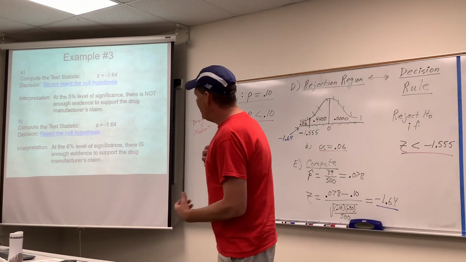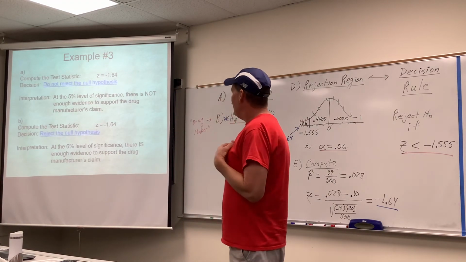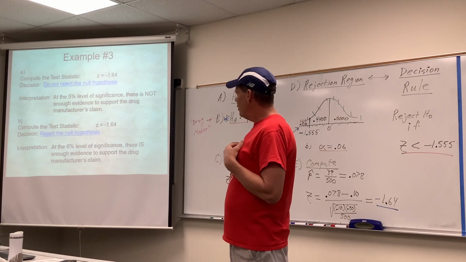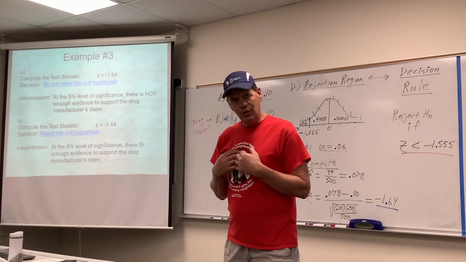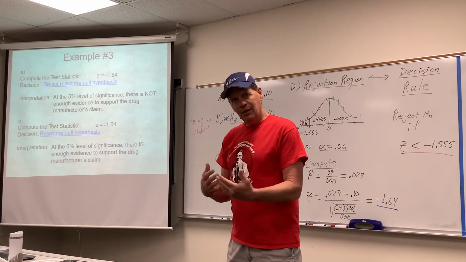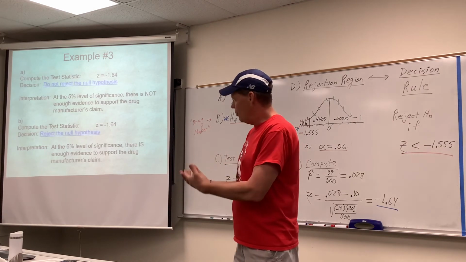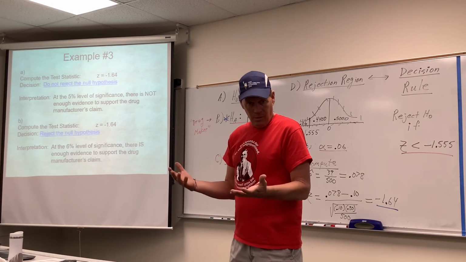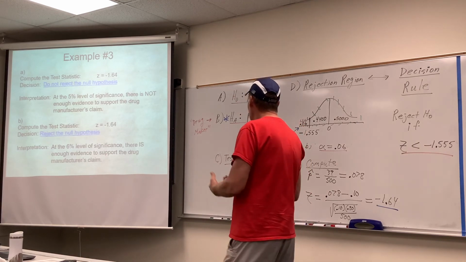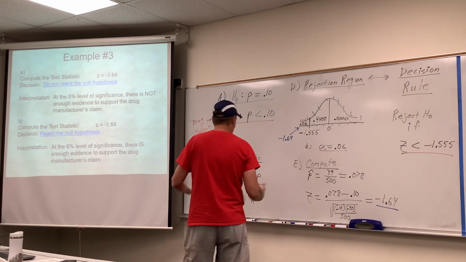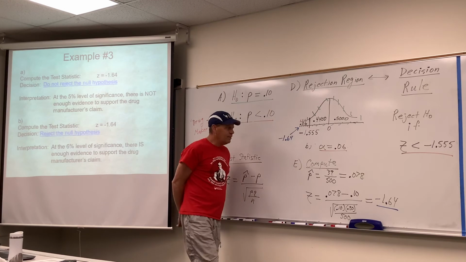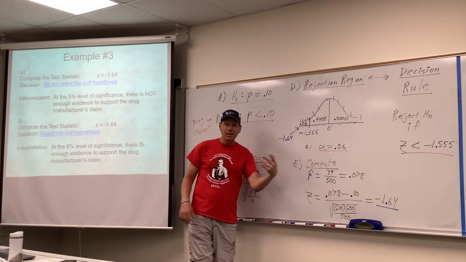That's why, in my opinion, and I'm not the only one, it is imperative that we report what level of significance was used to get the verdict, to get the outcome, to get the interpretation that we got, okay? So this is why two different juries could come up with different verdicts, because they have different alpha values, and it's a very slippery thing.